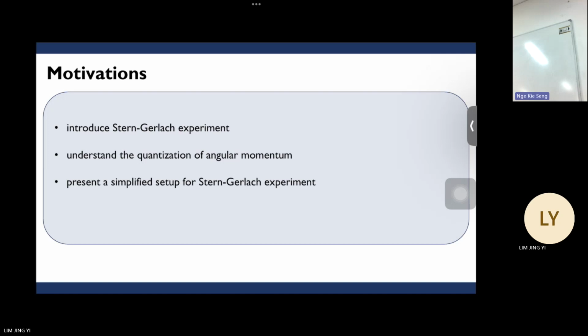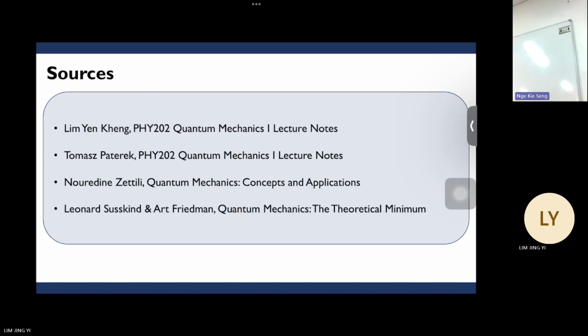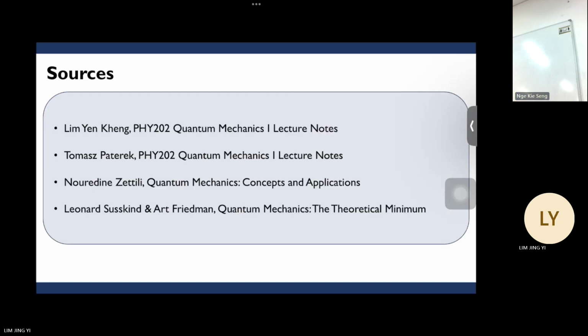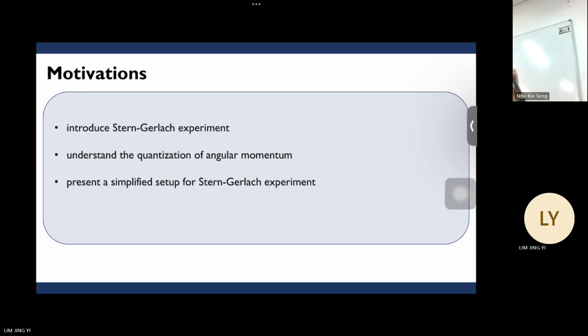After introducing it, we will present a simplified setup to get a clearer view of how any quantum system can be described. The following slides and notes are greatly supported by these resources, so feel free to read up if the notes are insufficient.